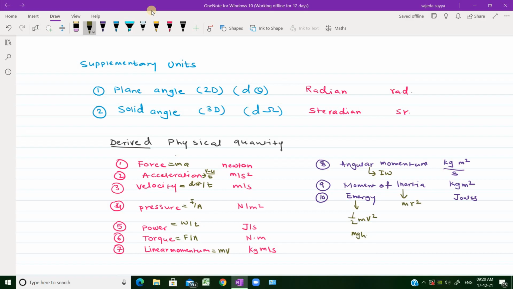Looking at them, the formula includes more than one quantity, therefore they are dependent on other physical quantities. If the measurement of a quantity is dependent on other physical quantities, then it is called a derived physical quantity. It is calculated from some other physical quantities.